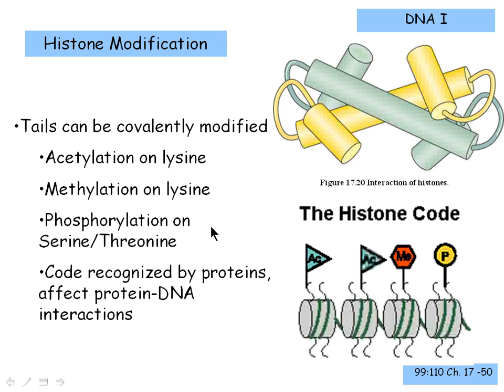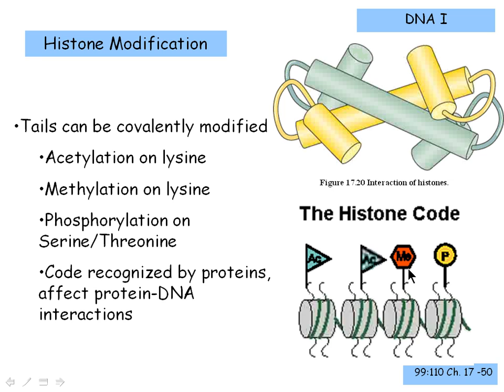And it has been hypothesized that there exists a histone code. What is meant by this is that these different marks, these different modifications, are recognized by different proteins. And they affect the protein-DNA interactions to allow for transcription or the lack thereof. So, for instance, acetylation is identified by the bromo domain of certain proteins.